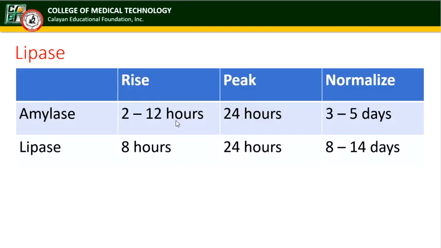So this is a summary of the rise, peak, and normalization of amylase and lipase: rise, peak, then normal. It is like the log phase in bacti, if you remember that. Rise, peak, then normalize.